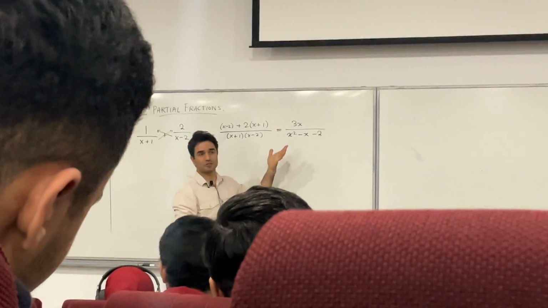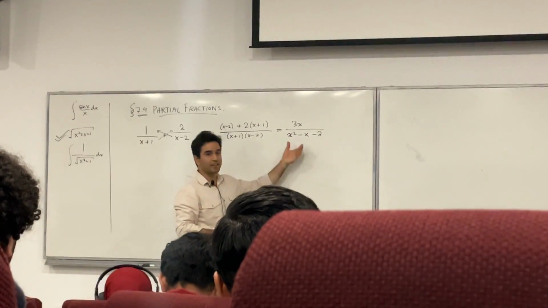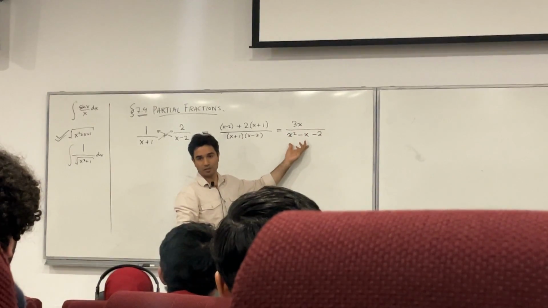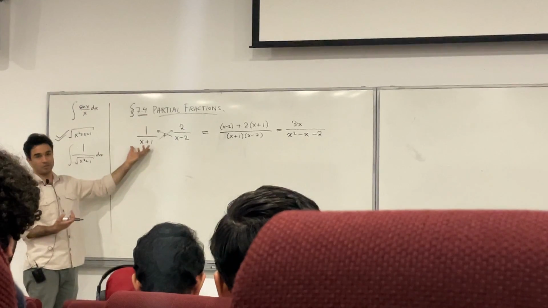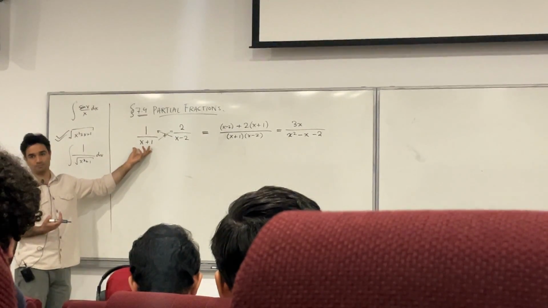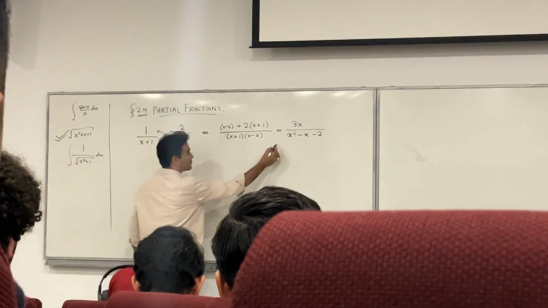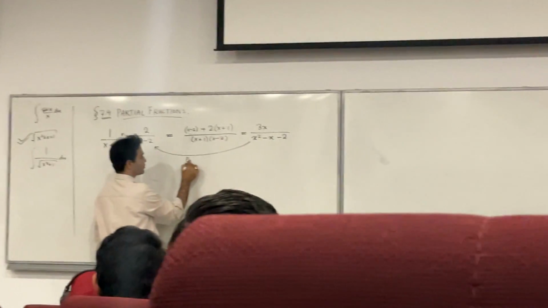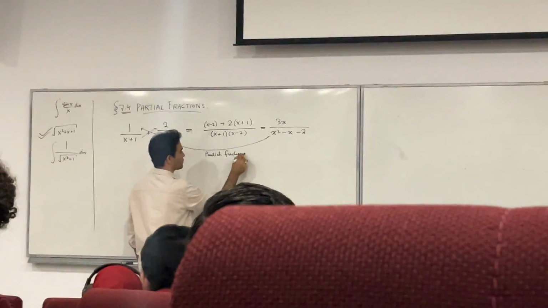So basically what partial fractions does is it says any kind of fractional function like this, some polynomial divided by another polynomial, you can break into its constituent parts and then integrate. So this reverse process of going back here is called partial fractions.